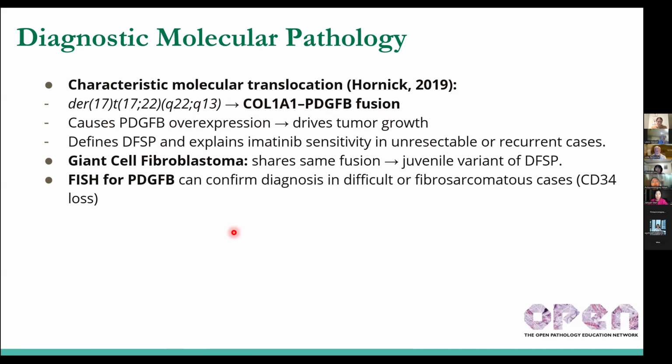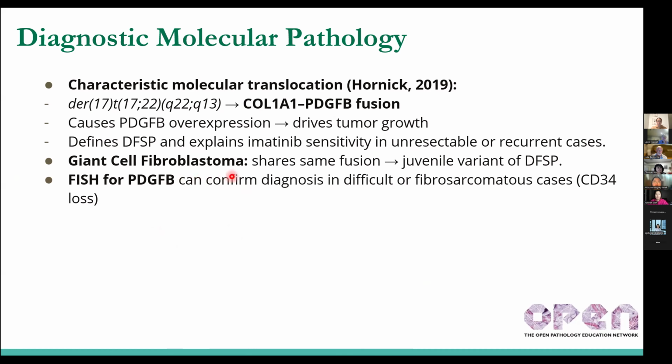So tumors that are positive for COL1A1-PDGFB fusion are sensitive to imatinib mesylate, which can be used as a neoadjuvant therapy to help in difficult or unresectable cases, which we'll discuss later in our treatment.